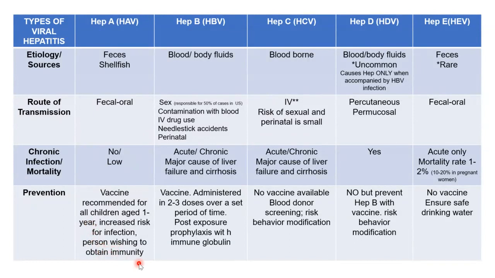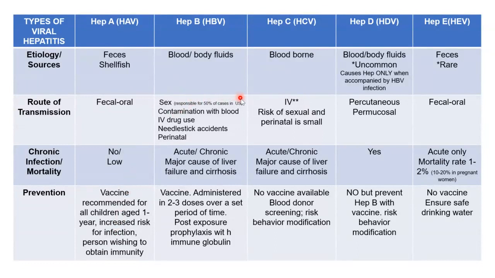A person wishing to obtain immunity, or somebody at an increased risk for infection, for example somebody who's traveling, that's a perfect example. Somebody who's going to be traveling to a country where they may be more prone to picking up hepatitis A.